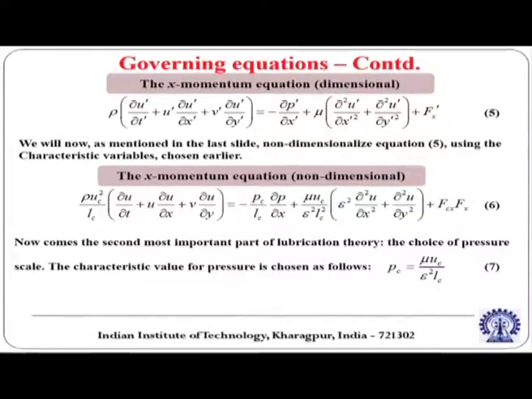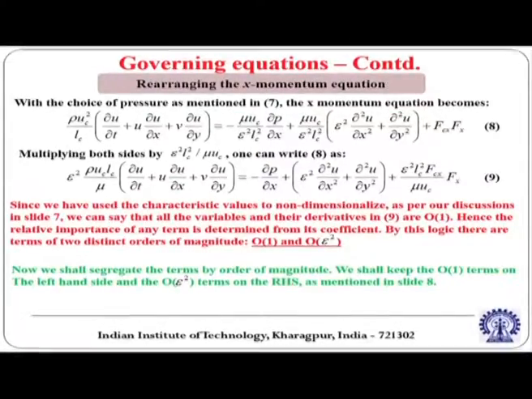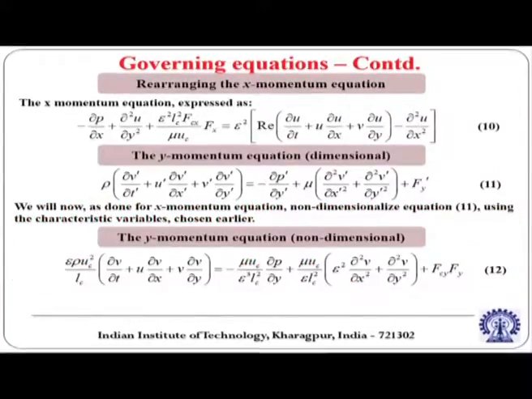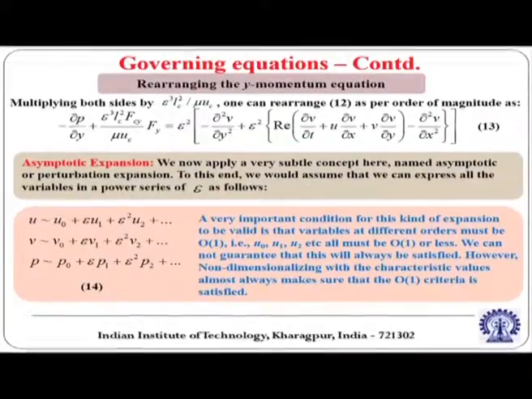The analysis of the x momentum equation gives a choice of the pressure scale, which scales with 1 by epsilon square. Then we can rearrange the x momentum equation, and the various terms are shown here, and similarly we can do analogous work for the y momentum equation.